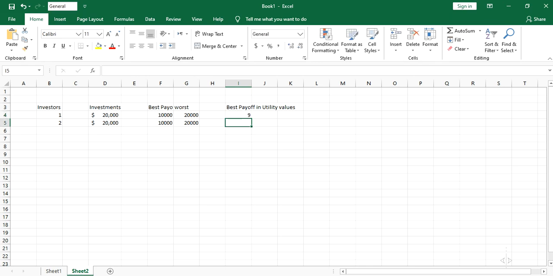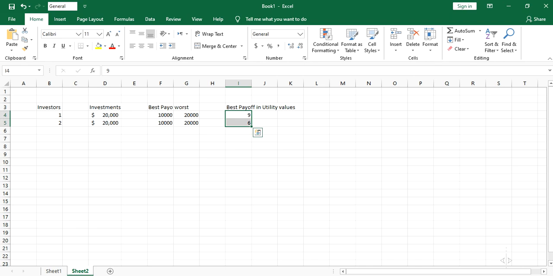But for the second investor, this gives us 6. So if you are one investor, most probably the utility approach is the same as the payoff approach.